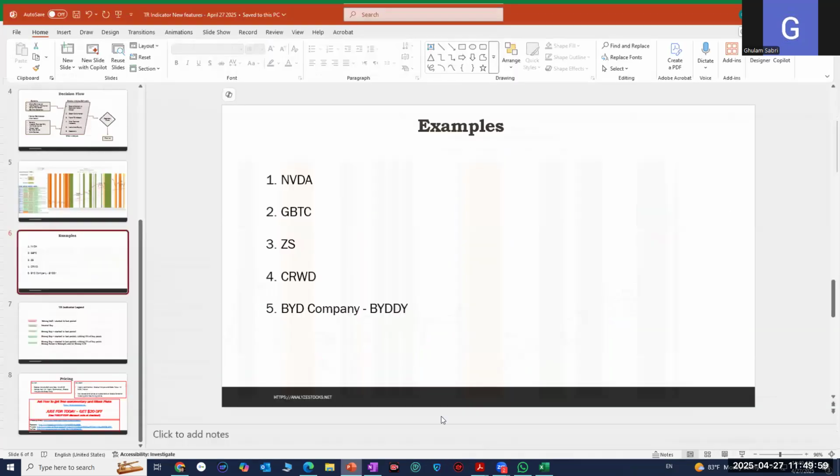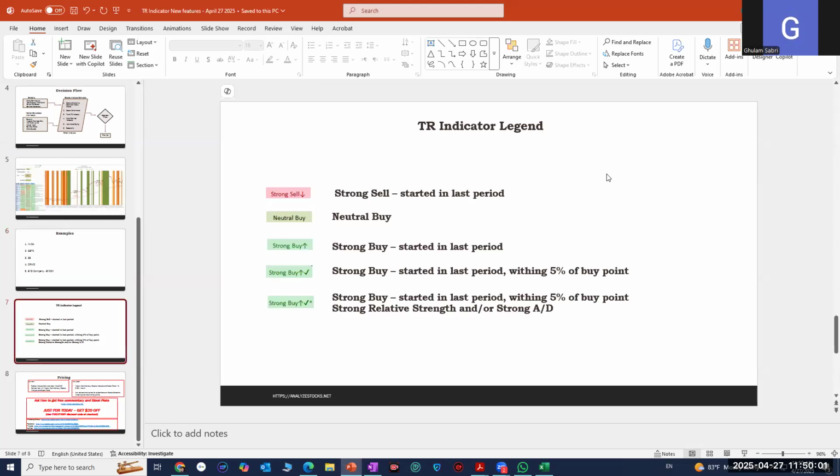If you want to get this, this is a small legend, as I explained. I know it's got a bit complicated, like what does this asterisk mean? So we are more comfortable if we have this kind of signal: strong, within 5% of our buy point, strong buy area of TR indicator, strong relative strength compared to the broader market S&P 500, and a strong accumulation distribution.